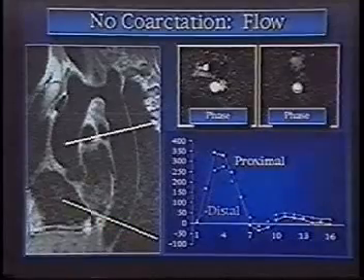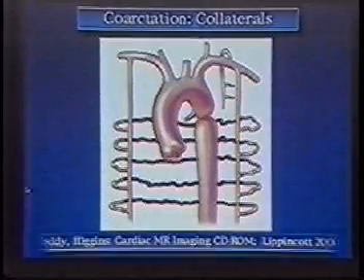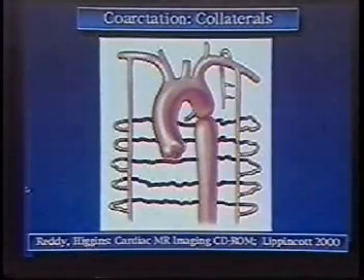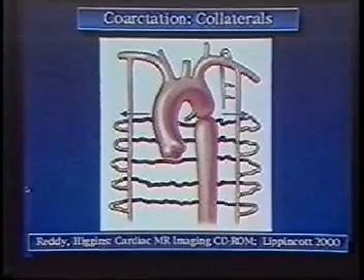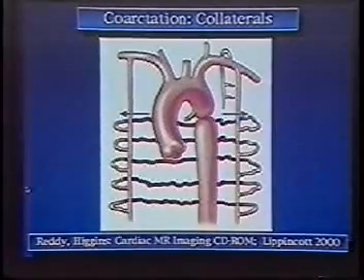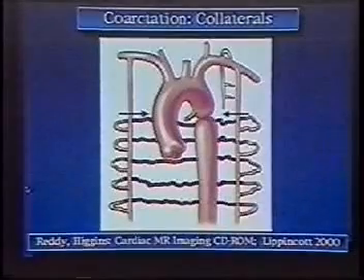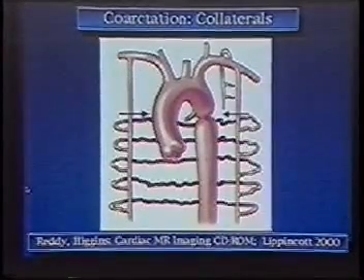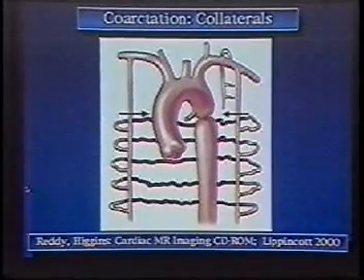Why is the distal flow slightly lower? Because, let's say there's no coarctation, the intercostal arteries take blood away from the descending aorta. That's normal. However, in patients with a coarctation, the intercostal arteries bring blood in to the descending aorta. These serve as collateral pathways because very little blood is going across there, and the blood is coming in via the collaterals.